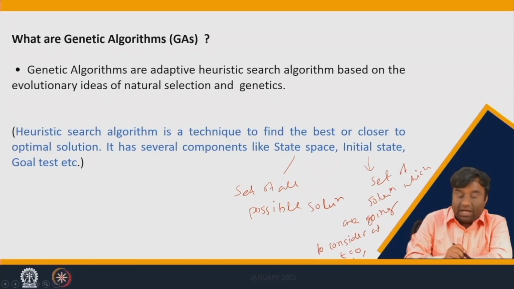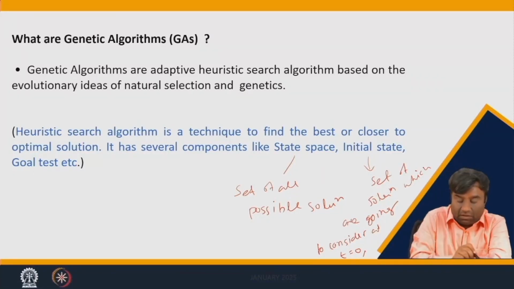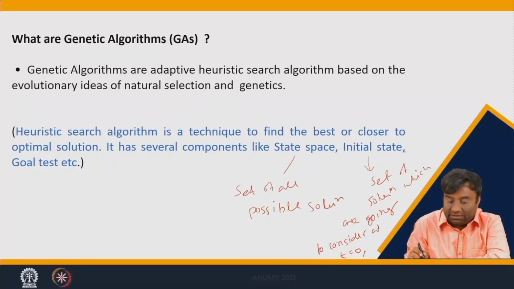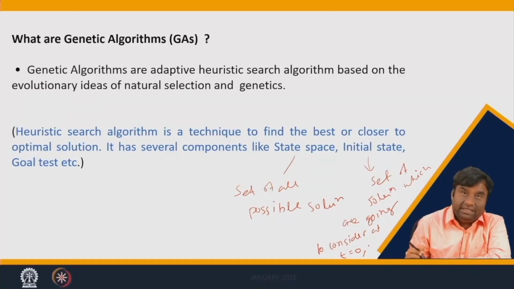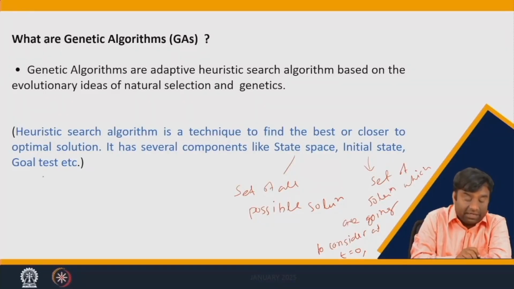And some fitness test you can check, you can say it is the goal test. So heuristic search algorithm is a technique to find the best or closer to optimal solution. It has several components: state space, the set of all possible solutions; initial state, the set of solutions considered at t equal to 0; and a goal test.